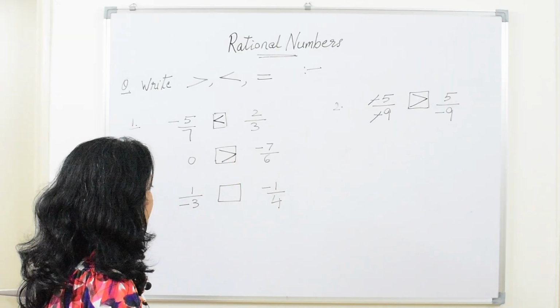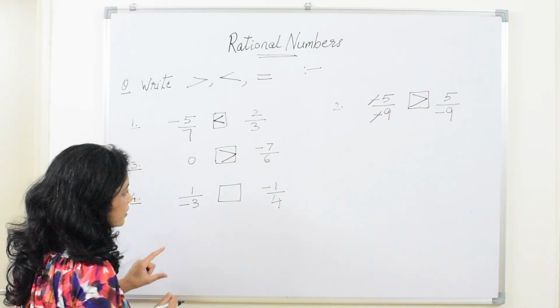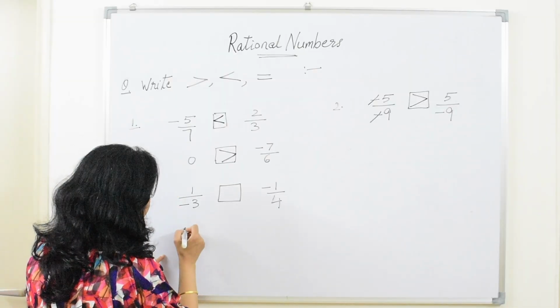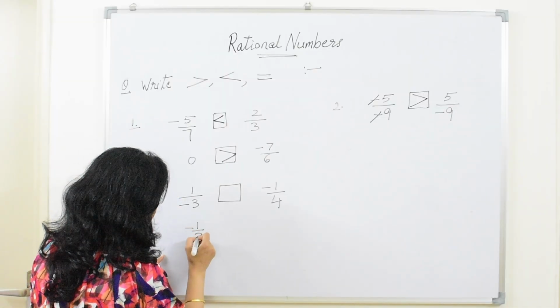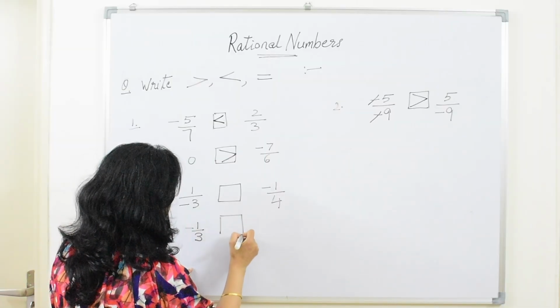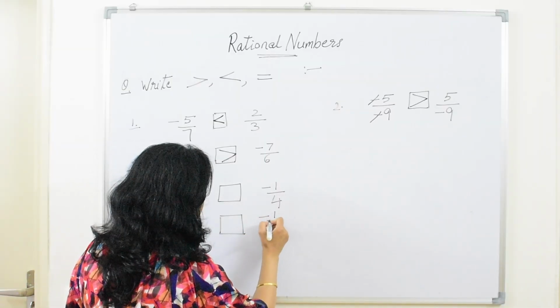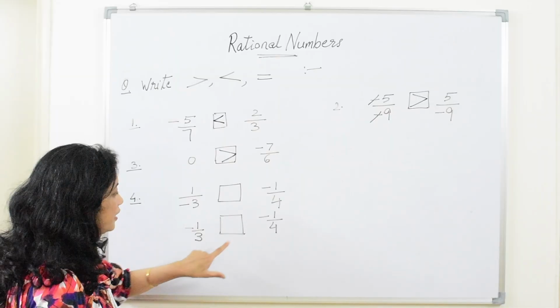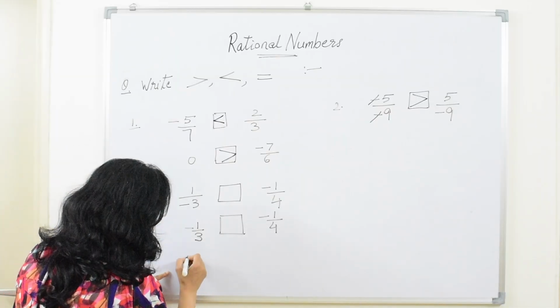Now we will solve this sum. First and foremost, we will take this sign up in the numerator. This becomes minus 1 by 3 and minus 1 by 4. Now we will equate the denominators. How?